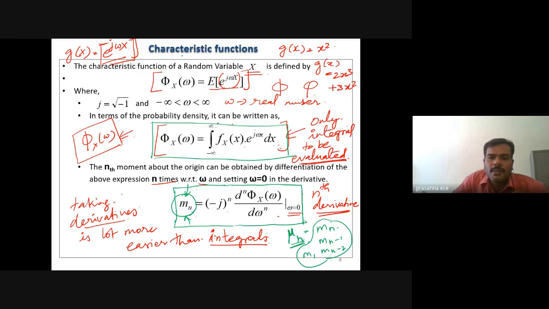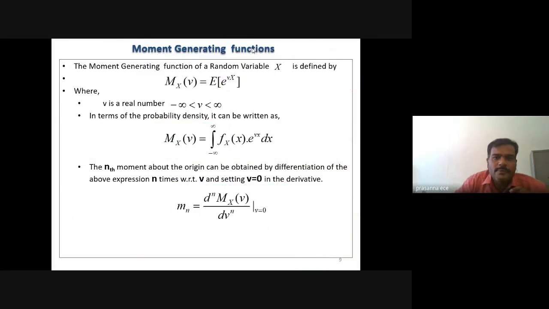Now, similar to our characteristic function, you also have one more function that is known as the moment generating function. That is also another expectation. As you can see here, it is denoted by capital M, mx of v, where v is a small v.